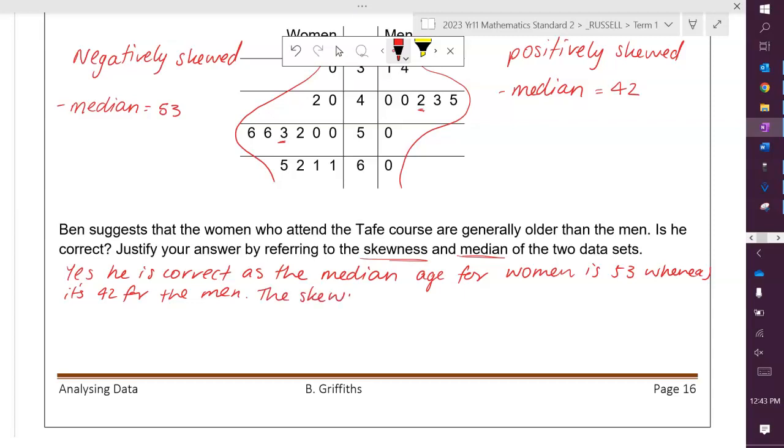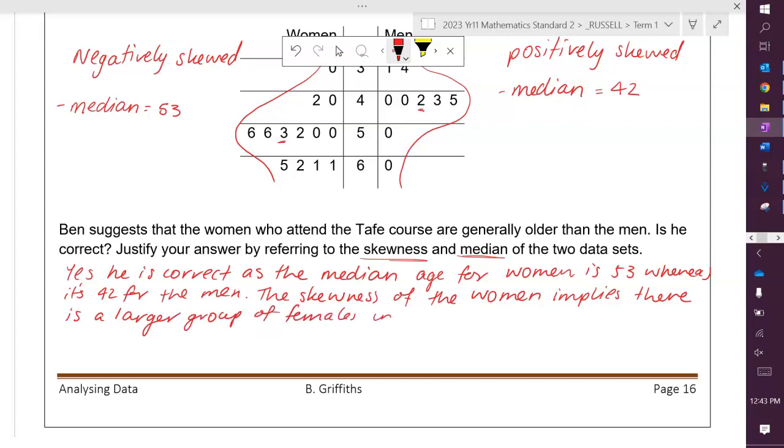The skewness of the women implies that there is a larger group of females in the older age brackets, whereas the male graph is positively skewed.